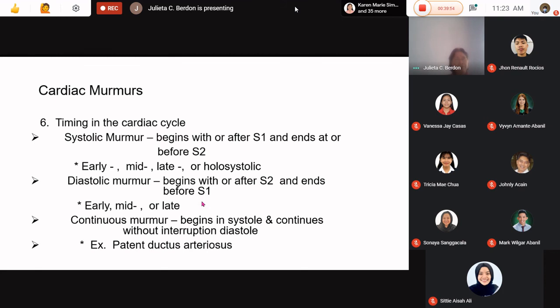Mitral stenosis: is mitral stenosis a systolic murmur or not? It will still murmur, but the mitral valve is closed during systole, so no blood passes through it. The mitral valve should be open during diastole.